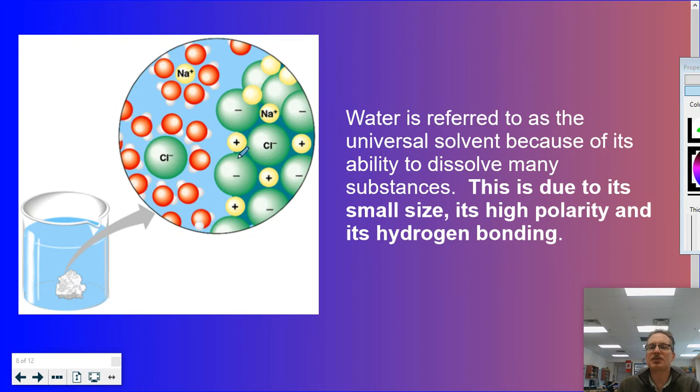It's two hydrogens, one oxygen. Secondly, it's highly polar. It's got a high discrepancy between the hydrogen and the oxygen. Therefore, that polarity plays through to all other polar substances. And last but not least, it's because of the hydrogen bonding.